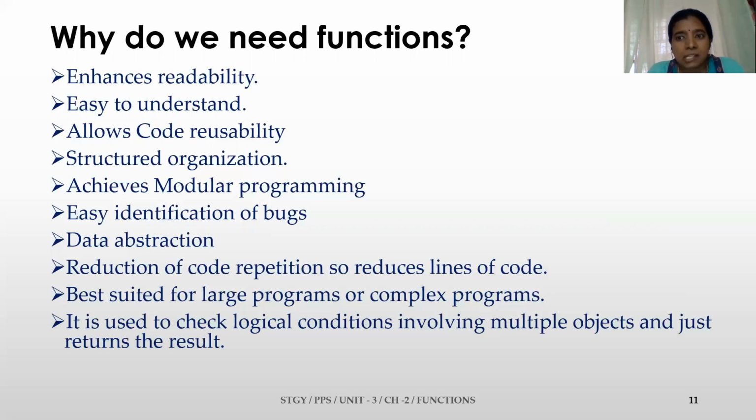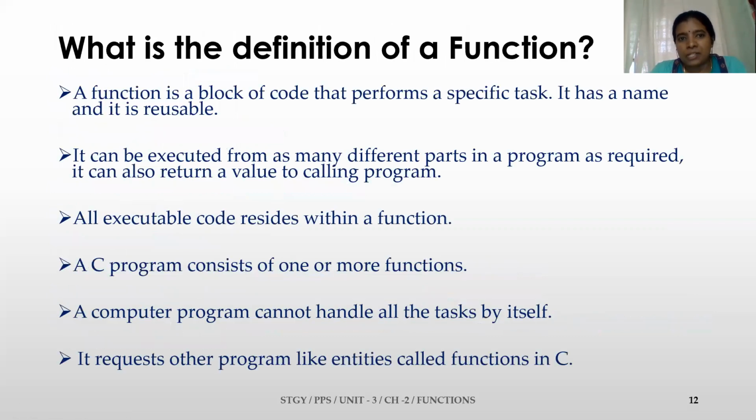Functions enhance readability, which helps you understand the program much better. They allow code reusability, give a structured organization, achieve modular programming, make bug identification easy, provide data abstraction at a greater level, drastically reduce repetition of code, and are also used to check for any logical errors.